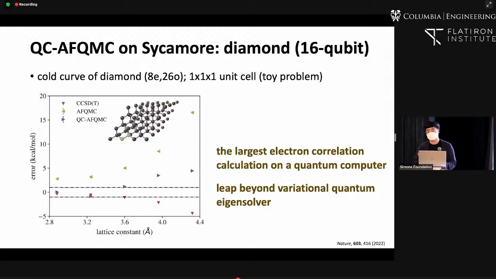Both. It can create special problems for AFQMC, but the actual implementation on the quantum computer will not change. If you end up including heavy atoms, you need to worry about relativistic effects too. So there needs to be some modification on the AFQMC side, but the quantum computing part will stay the same.